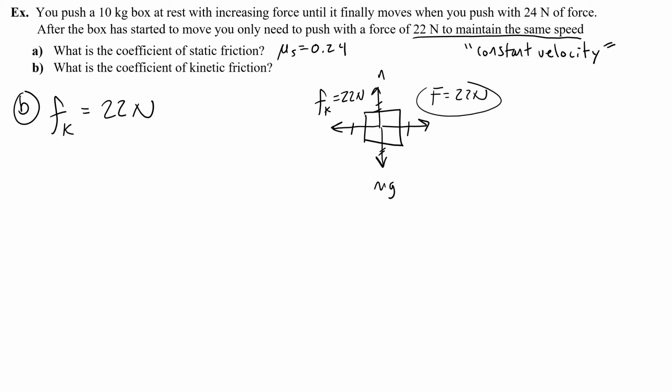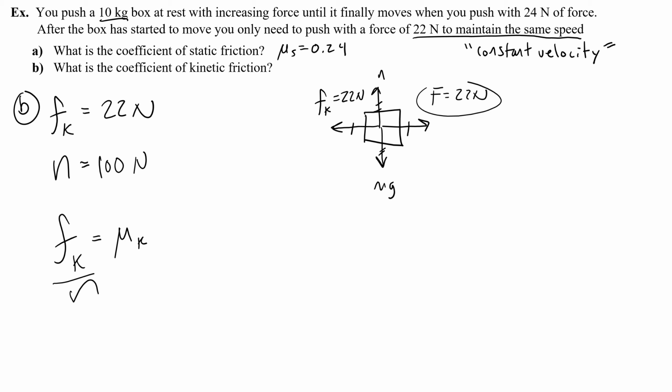Okay, how do I find the normal force? Well, it's the same box with the same mass, so it's still 10 kilograms times 10 meters per second squared, or 100 newtons. And now finding the coefficient of kinetic friction comes from our equation, mu k times the normal force. And same as before, I'm just going to divide both sides by the normal force.